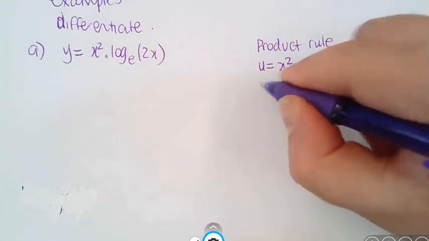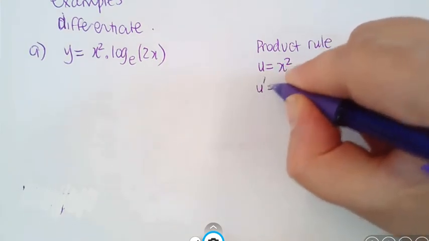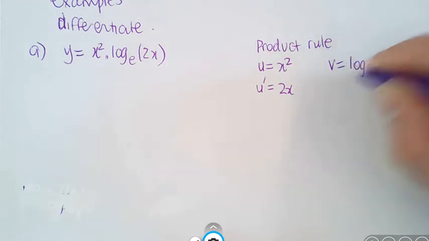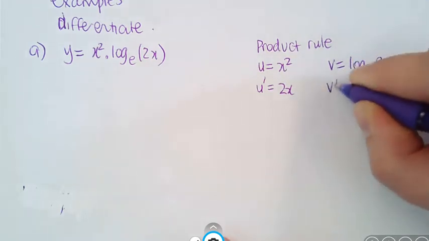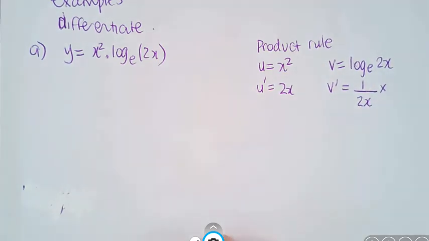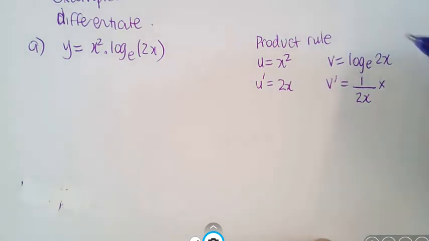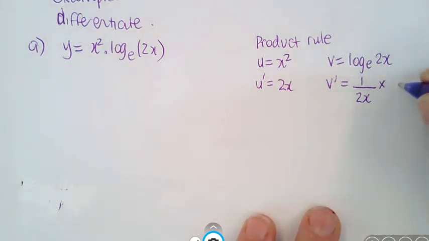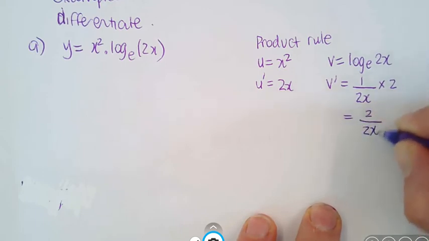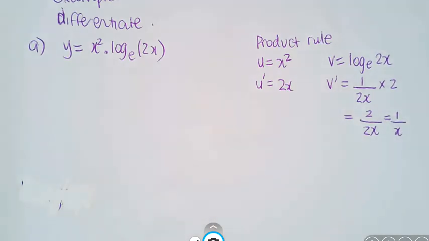So if u is x squared, what's u dash? And if v is log to the base e of 2x, v dash will be 1 over that times, so we apply the rule, which is 1 over that, times the derivative of 2x, which is 2. So it's 2 over 2x, which is 1 on x.